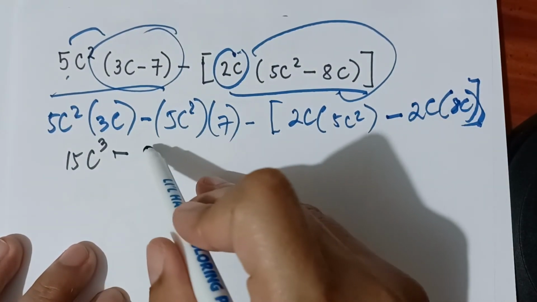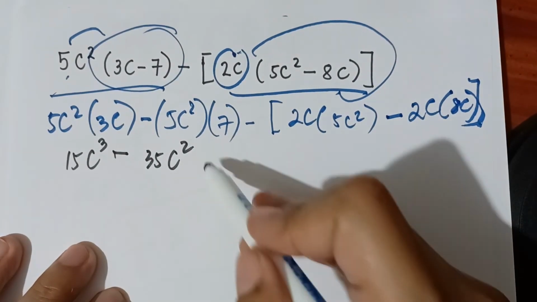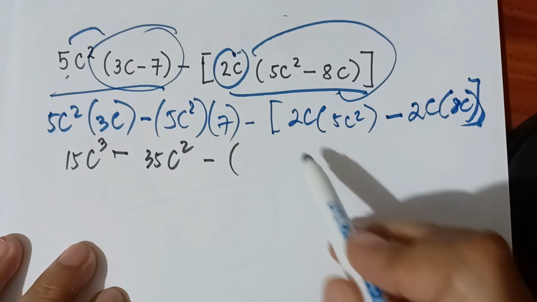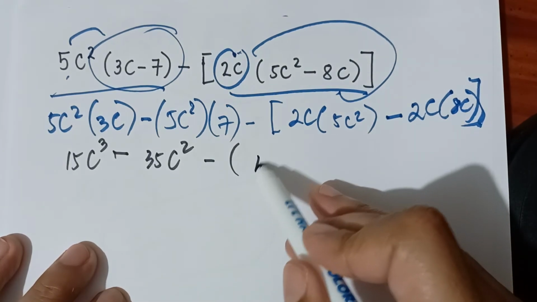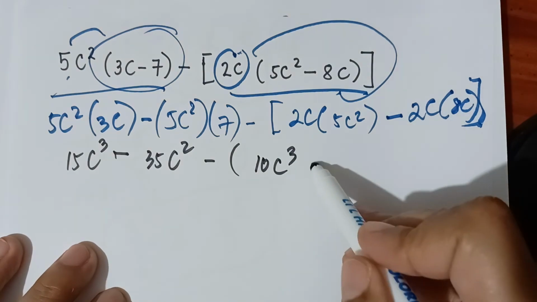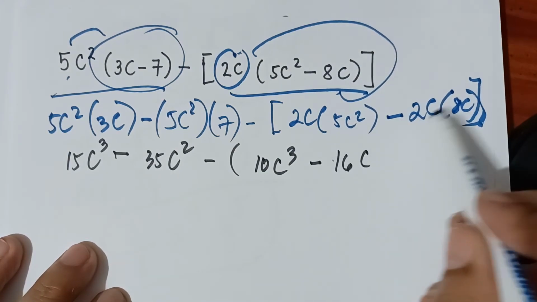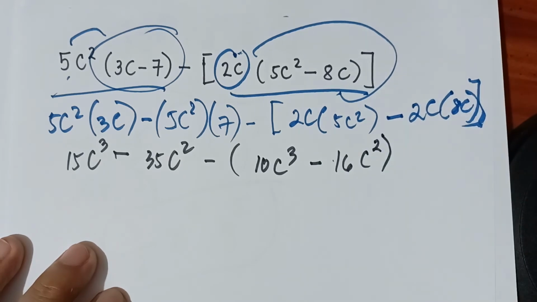Minus 5 times 7 is 35, and then just copy c squared. Minus, close and open parenthesis, 2 times 5 is 10c raised to the 3rd power. Minus 2 times 8 is 16. C plus C is squared.